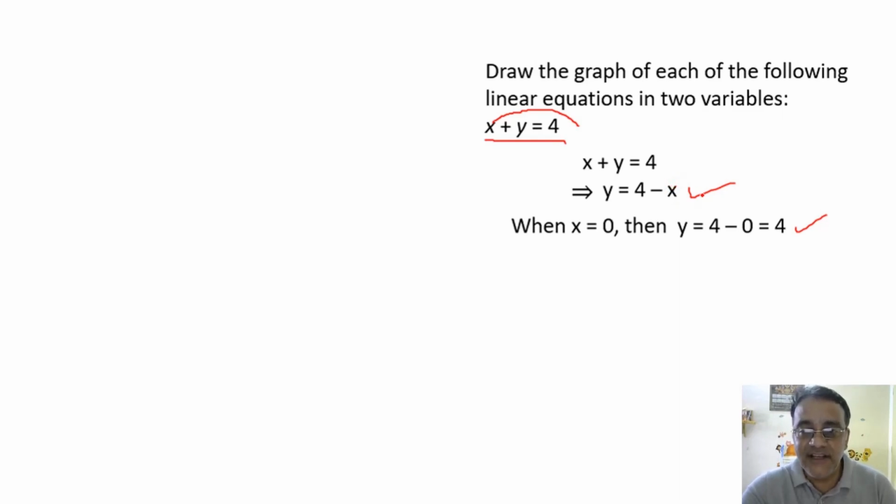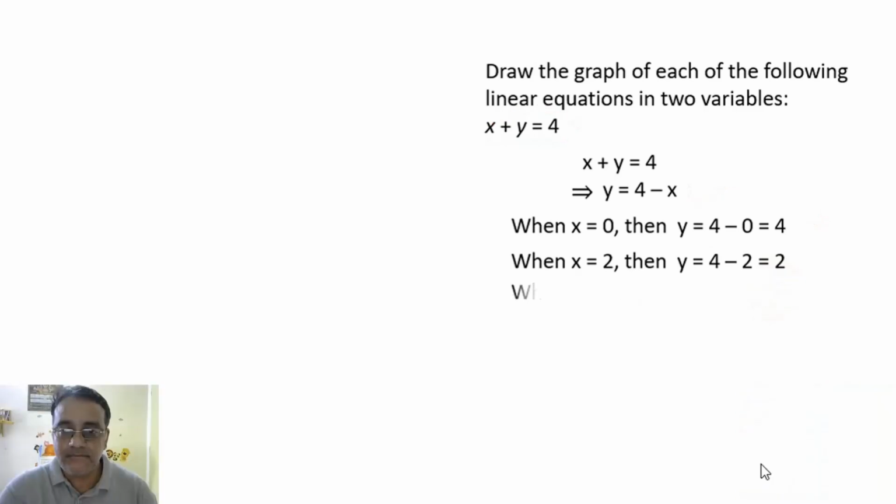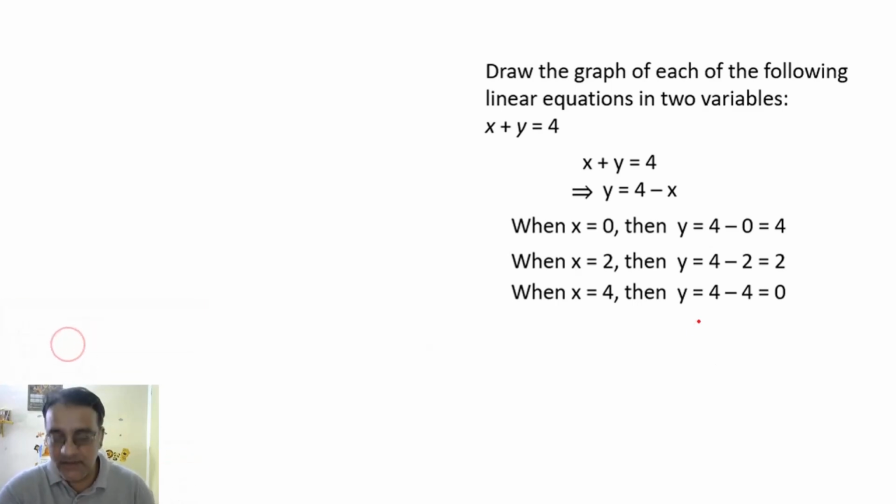If I take 3, 1. If I take 4, 0. Okay. So already I told you, for x equal to 2 we got 2, and I am also taking 4. If we take x equal to 4, y will be 0. So x is equal to 4, then y is equal to 0.